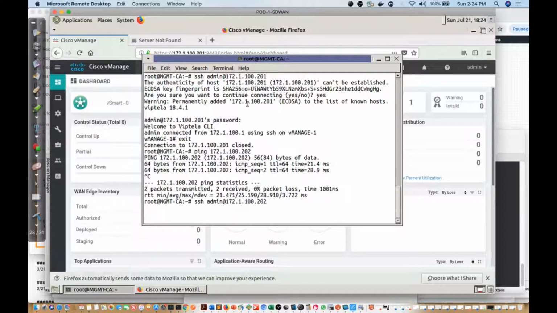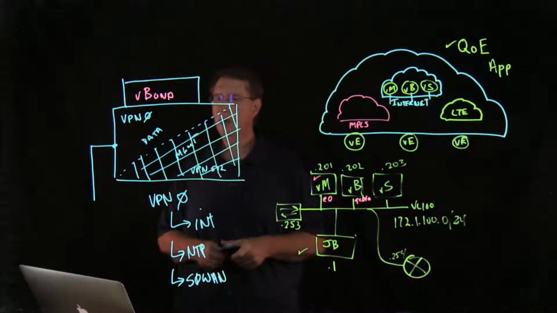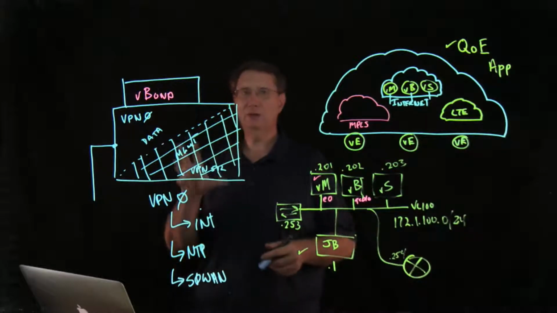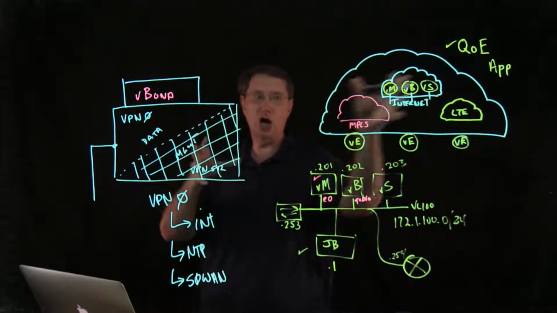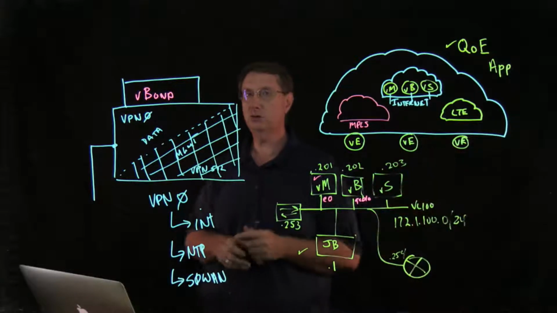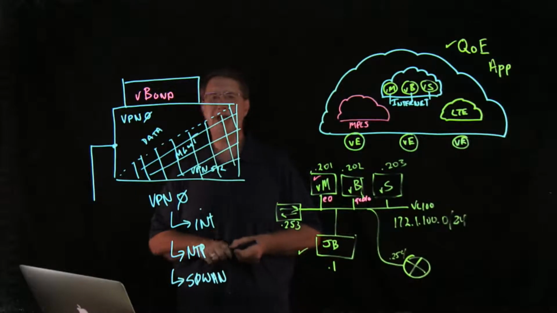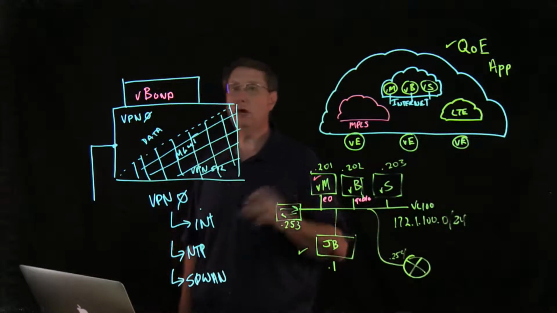Now remember, I said that the vBond is different than, say, for instance, the vManage. And this is one of the differences. When we look at what's happening with the vBond, remember I said the vBond's job was to talk to other devices, as an example, the vEdges, the virtual edge devices. So when we look at what happens here, it does that through tunnels.